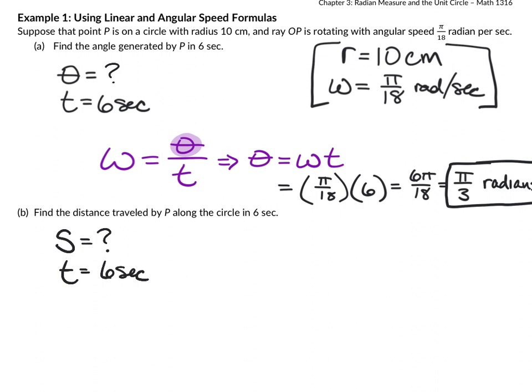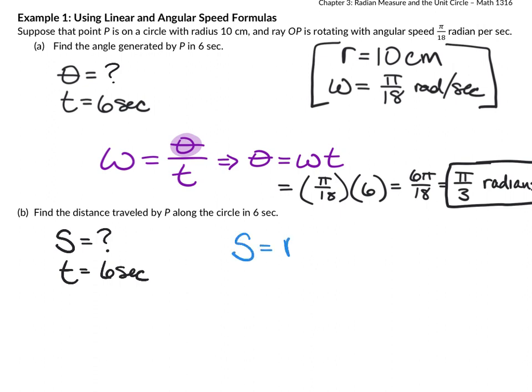Is there a formula that relates S, R, omega, or T, where there's only one unknown variable? This is kind of a trick question because it's not even on these notes, but it was answered on your formula quiz. What is the formula for arc length?